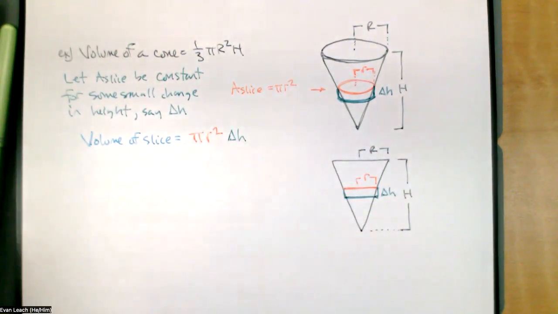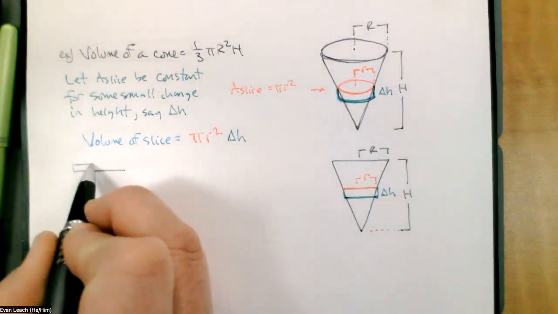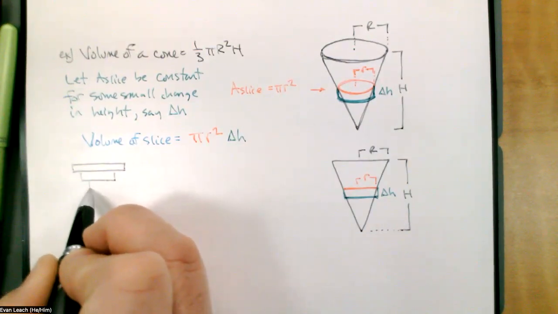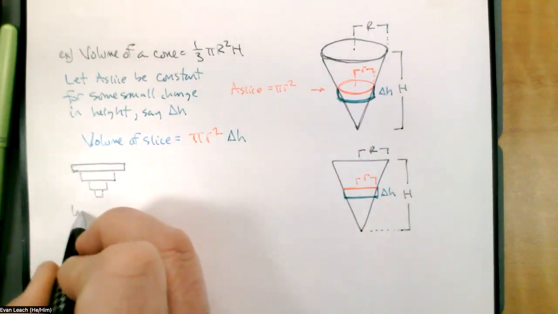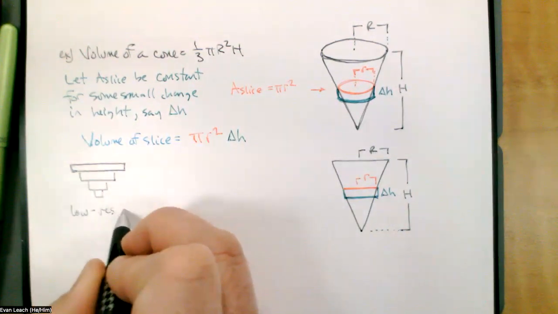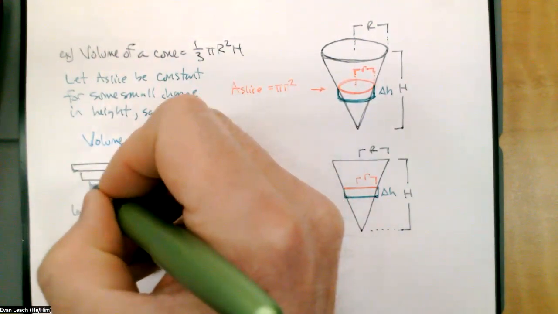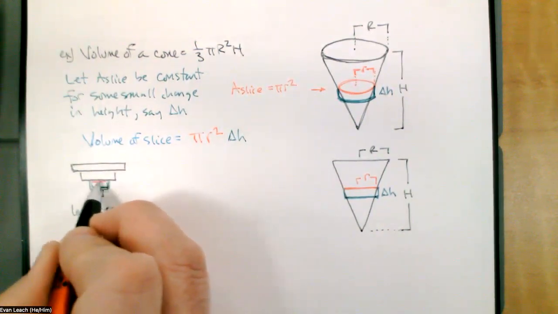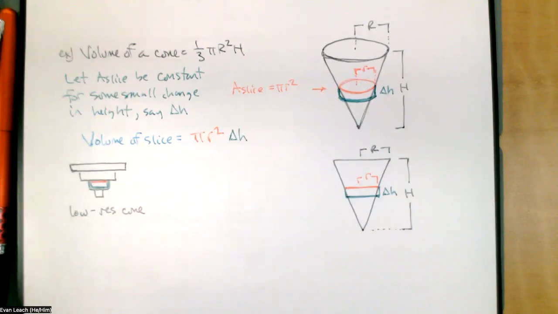We're just going to imagine the cone as a low res version of the cone. So the low res cone is just a stack of cylinders.